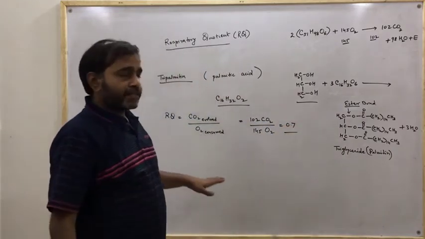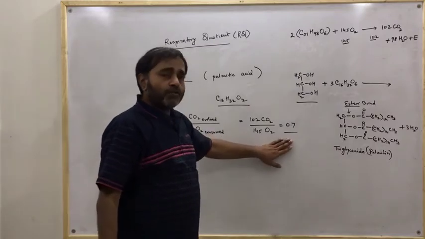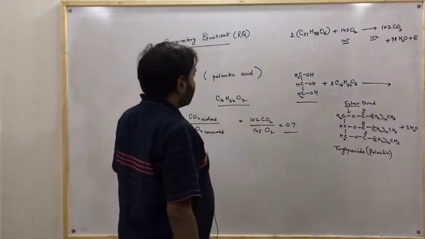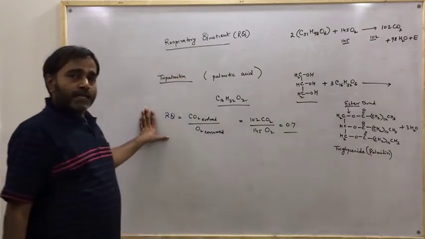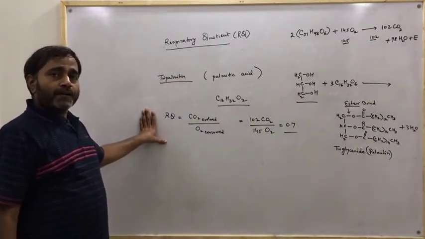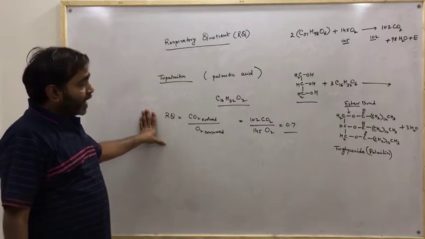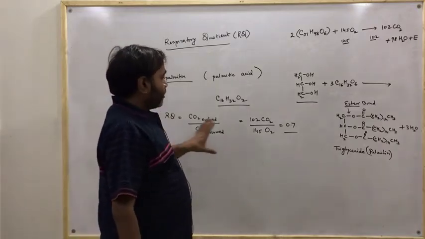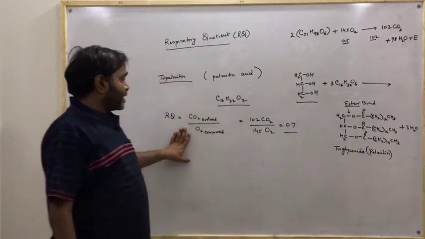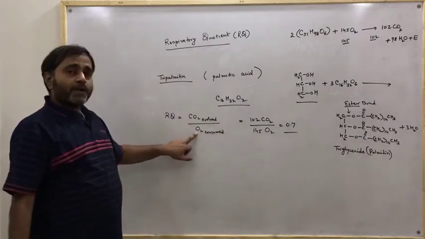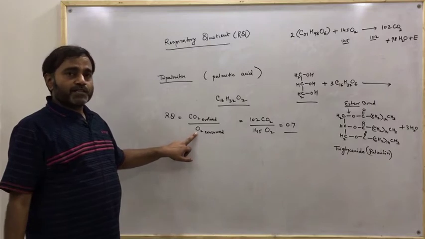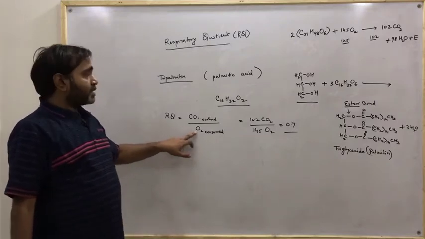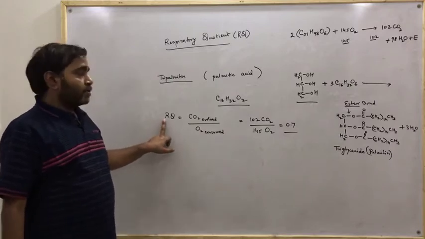So most of the fats have the RQ value nearly 0.7, and it is the least value, because if you compare carbohydrate, protein and fat, fat has the minimum RQ value, and that's why by this formula we can say that it requires the maximum amount of oxygen for its oxidation, because if the value in the denominator is more, obviously the RQ value will be less.